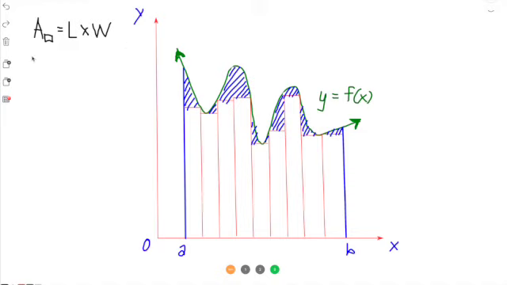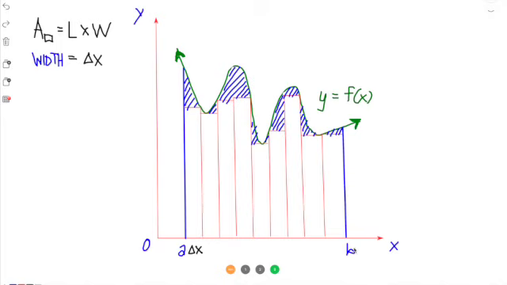So for simplicity, let's take the width of each of these rectangles as equal. It might not look equal to you, but let's assume that all of these widths are equal. Each of these measurements here, let's call it change in x, or delta x. So the width of each of the rectangles would be equal to delta x, and they are equal to each other.